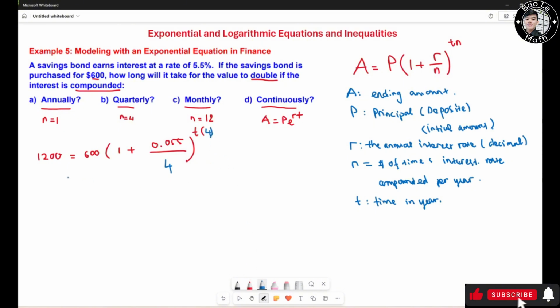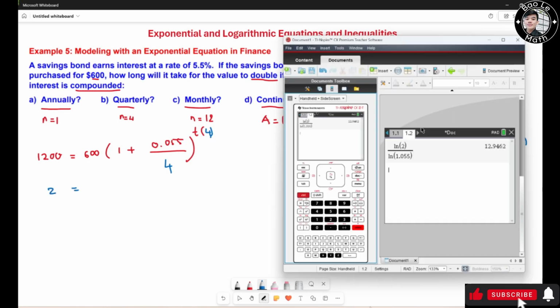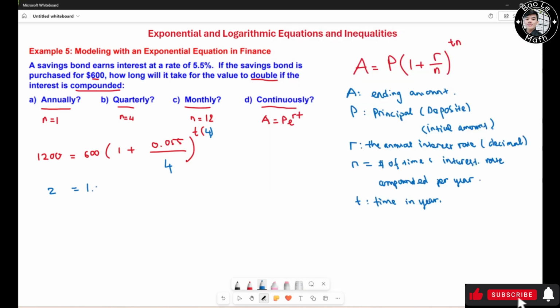Alright, so this turns out to be 2 equals, we bring up the calculator, so we hit 1 plus 0.055 divided by 4. Hit enter, the answer is 1.01375, right? So it could be 1.01375 raised to the 4t.